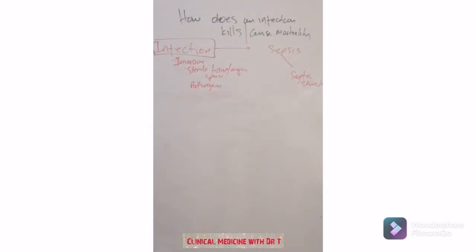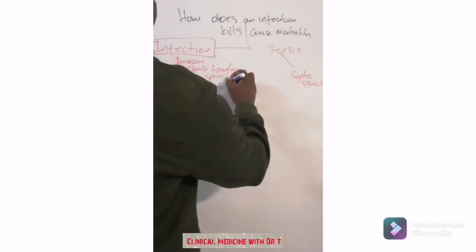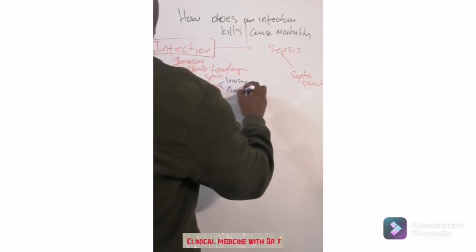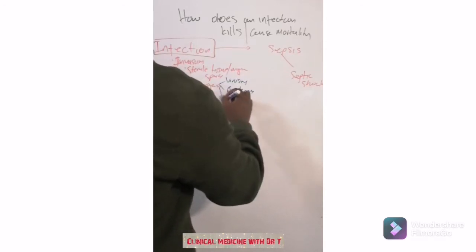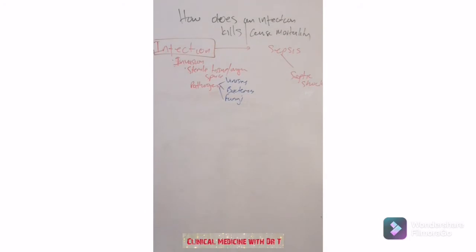Coming back to pathogen, at this point we know that there are different types of pathogens. There are viruses, bacteria, and fungi. Those are the most common.